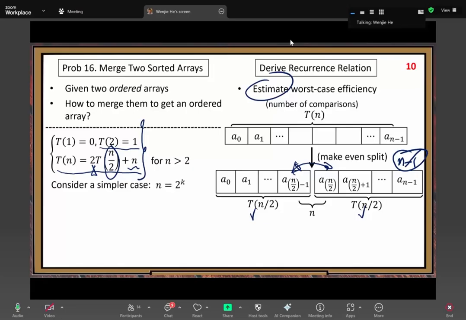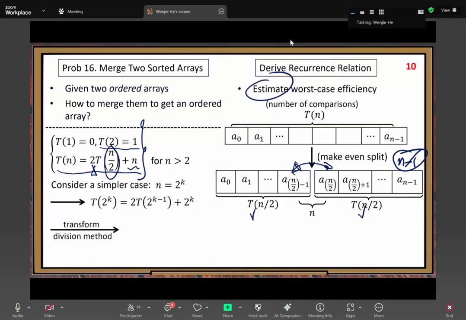When n is a power of 2, you can easily take care of all those power of 2 denominators. So you can do cancellation easily. So then, for this special case, we can rewrite our recurrence relation in a new way.